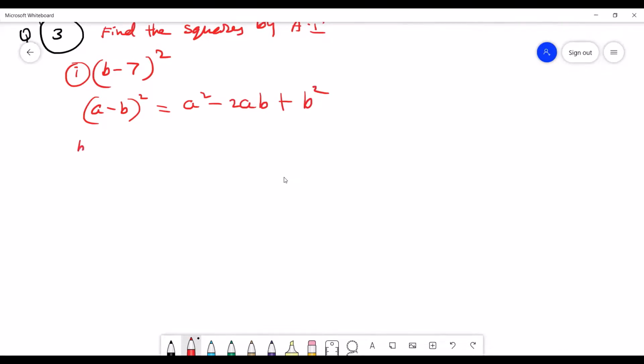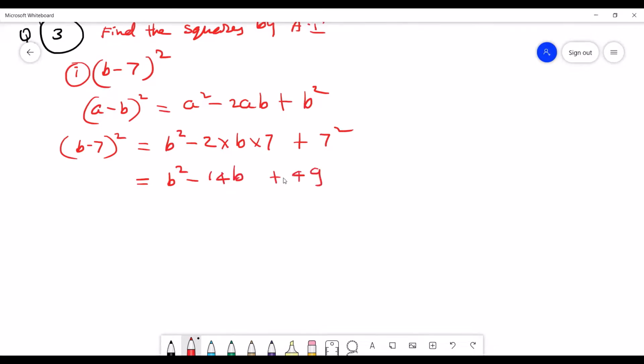So (b minus 7) whole square is equal to b square minus 2 into b into 7 plus 7 square. So we will get b square minus 14b plus 49.